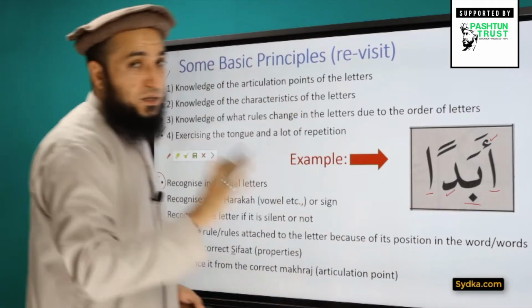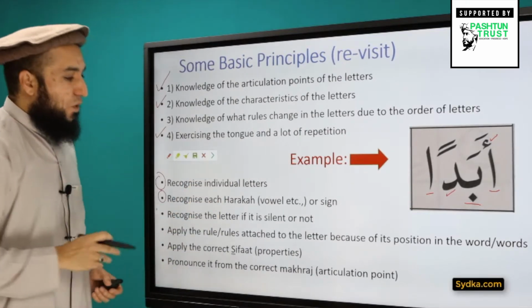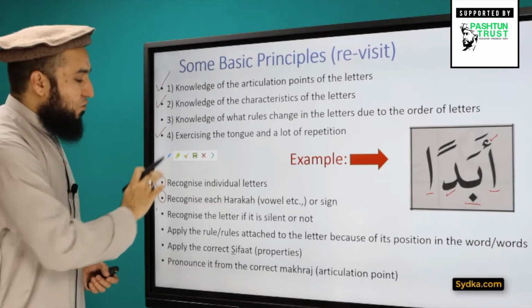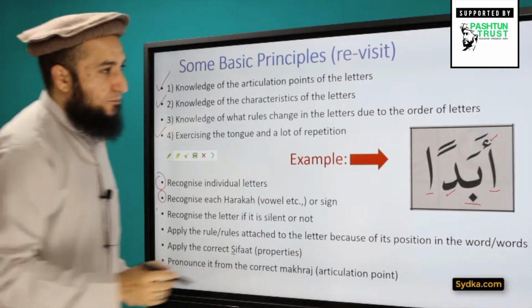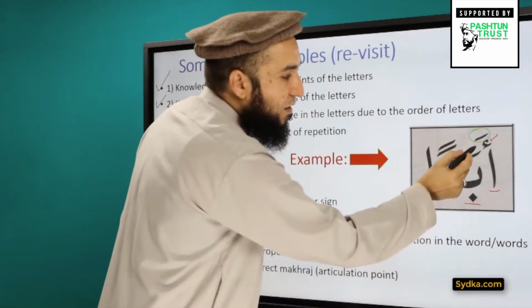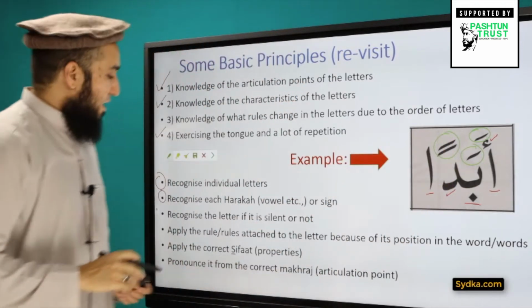So we recognized individual letters, step one. In step two, we recognize the harakat that are used. The signs would be here: fatha, fatha, fathatain.